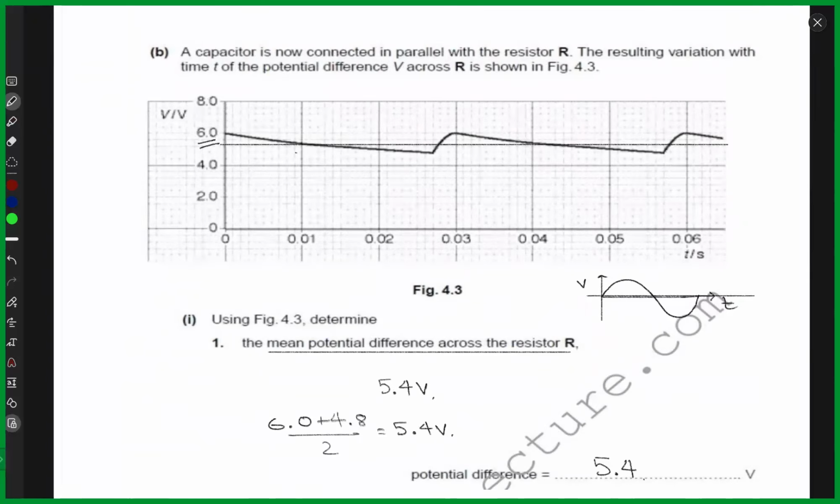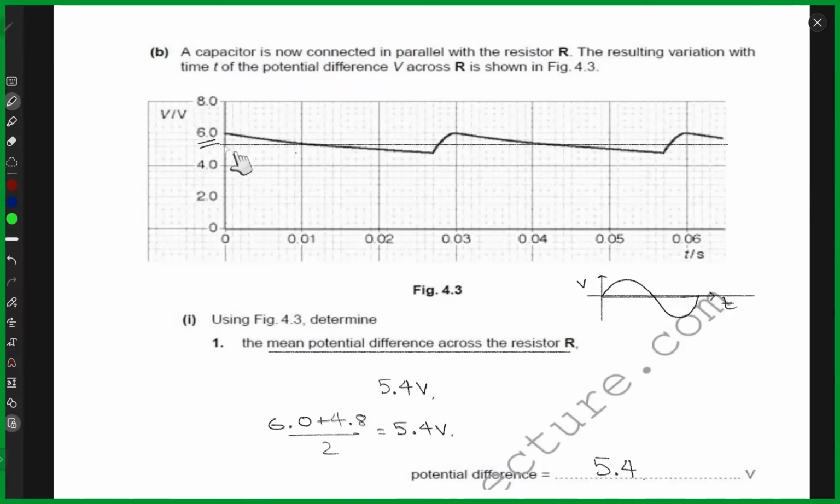When is the capacitor discharging? If you look at this graph, which part of the graph, basically region, defines that the capacitor is discharging? Where it's sloping downward. That it's sloping downwards, right?